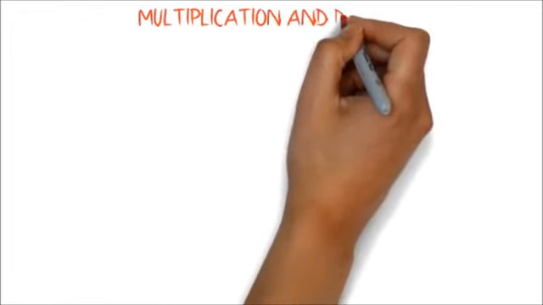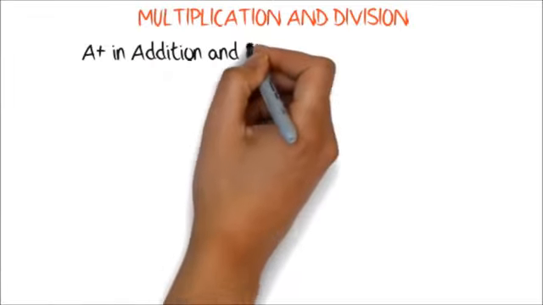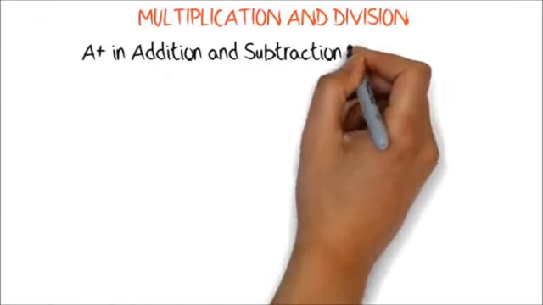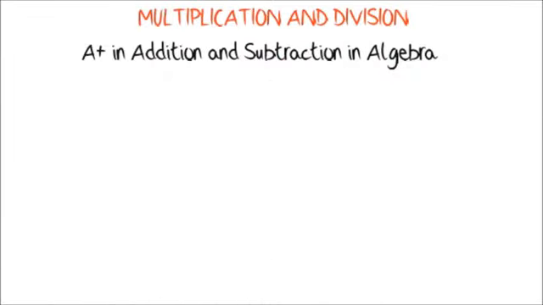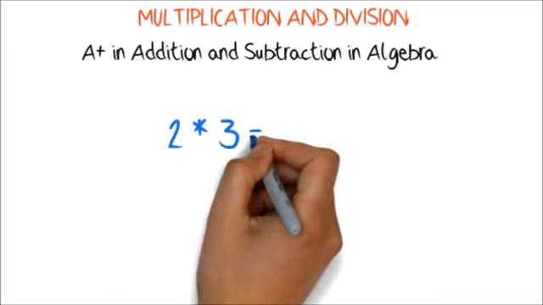Multiplication and division. We are now familiar with addition and subtraction in algebra. I hope you have mastered it because it is a step-by-step course and we have carefully chosen the trend to make you good in algebra. I'm sure you can do these. What is 2 times 3?